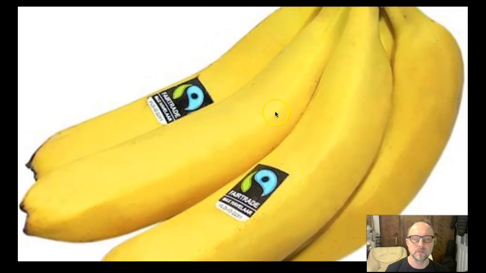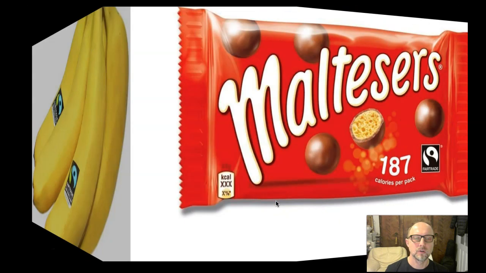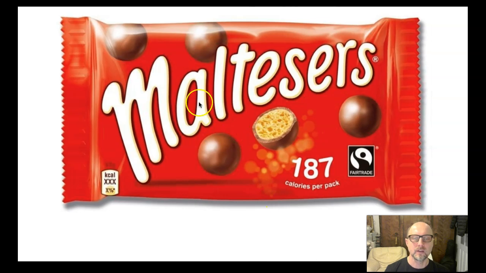Right? So you can see these bananas, they have the fair trade label. Here, these Maltesers, right? They have chocolate and sugar in them, and so the ingredients, the chocolate and the sugar, will come from fair trade. And there's the logo, right?